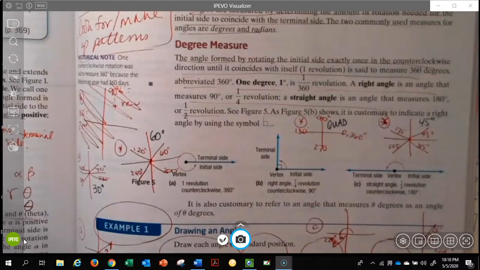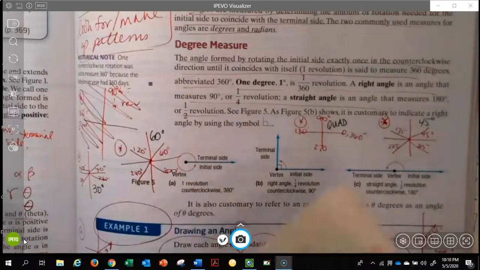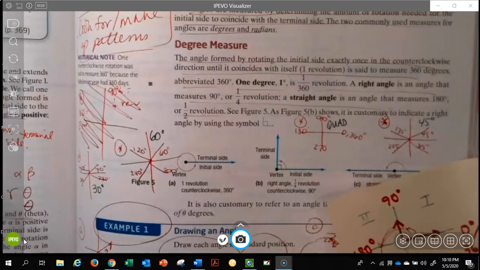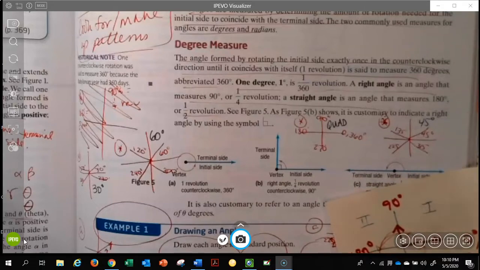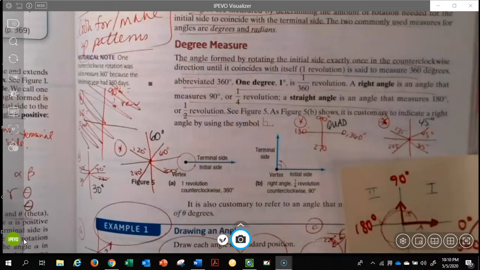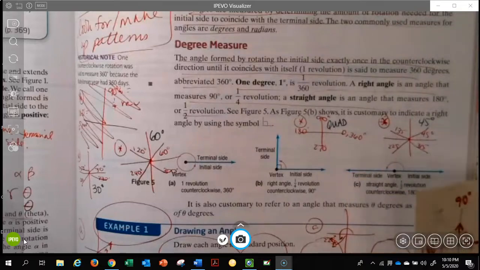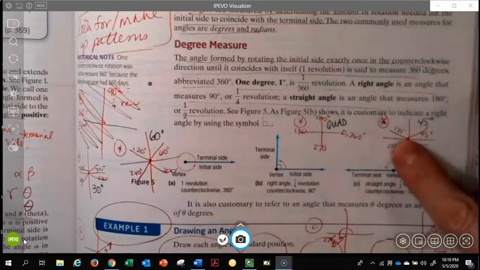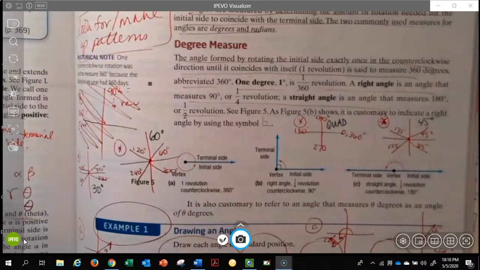I would pause, take a screenshot, or play around with these, because the 30, 60, 45 we're going to use over and over and over. The familiarity you have with them is going to increase your speed and your understanding, and you're not going to get bogged down with where is a 120 degree angle or where is a 225 degree angle.